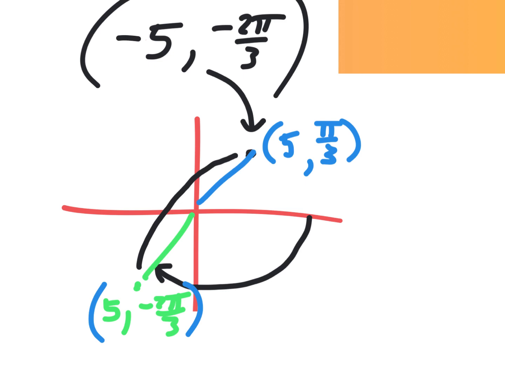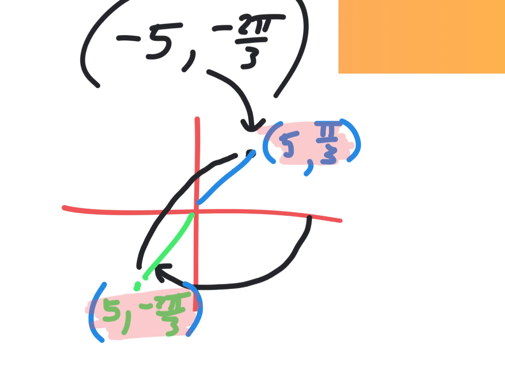As long as these two make sense to you, I'm going to highlight them. This one, does that one make sense to you? You guys get why that one is 5, comma, π/3? And this one is 5, comma, -2π/3? Okay.